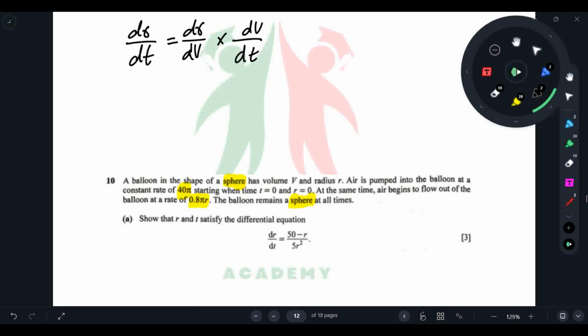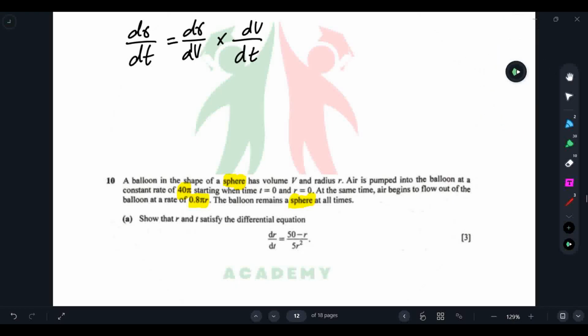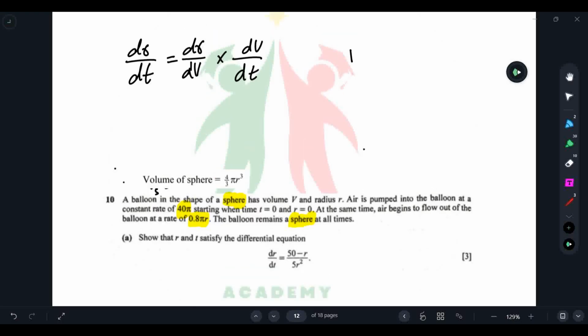Now what we need to do is we must know the volume of the sphere. So the volume of the sphere will be equal to 4 by 3 pi r cube.